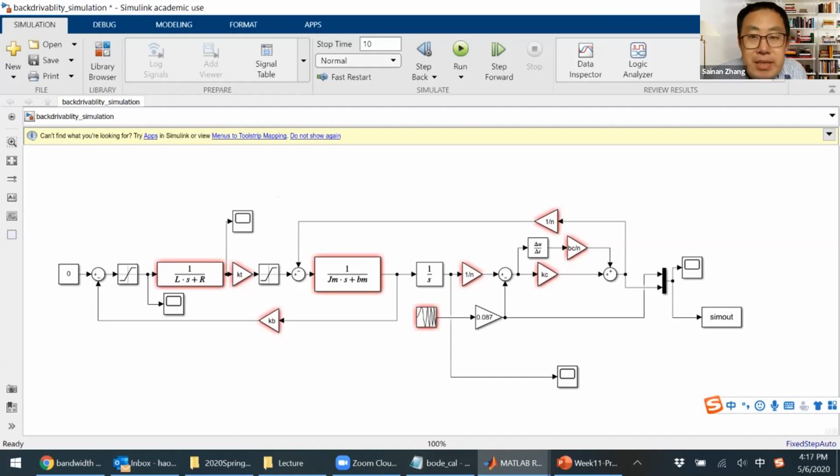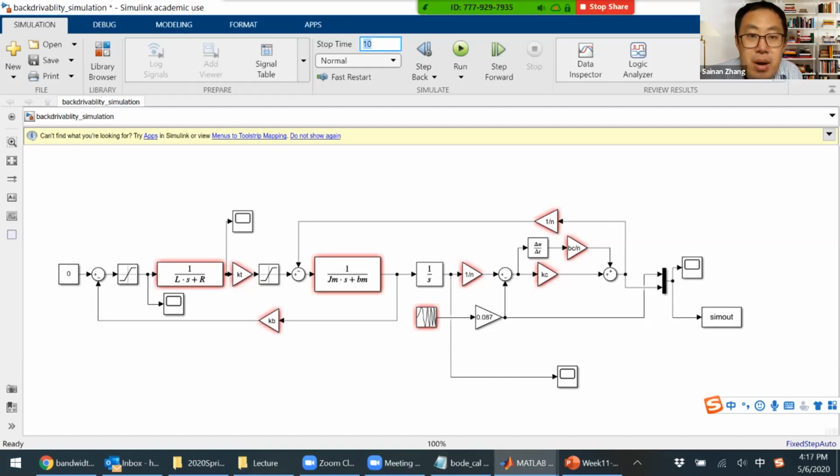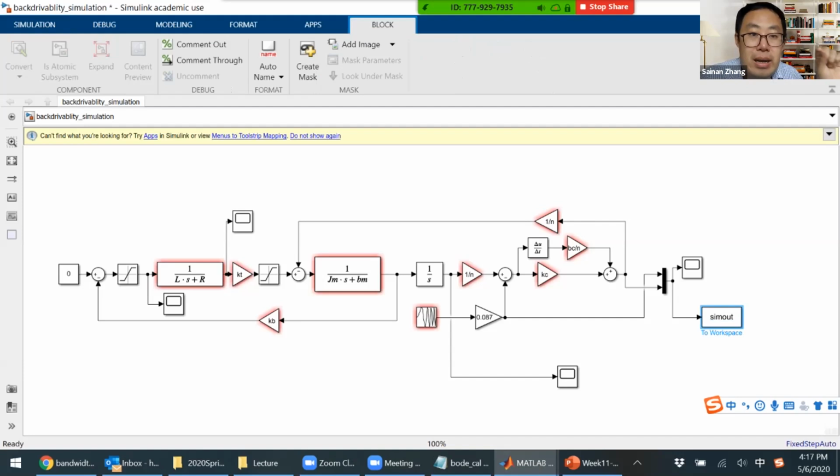Okay. So basically, you see this number, the stop time, how long you want to run the simulation. You can type 100 or 1,000 seconds. In Simulink, this gives you a data array. It's not just a single number, it's an array.